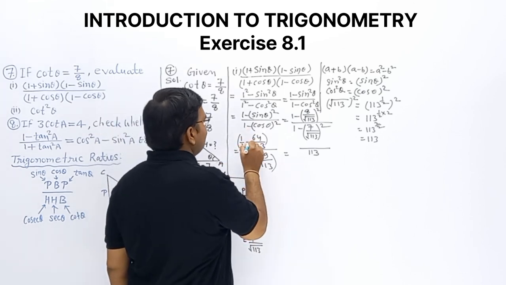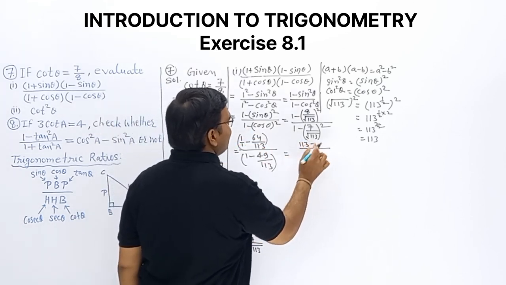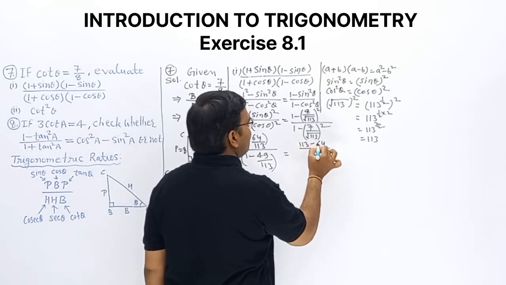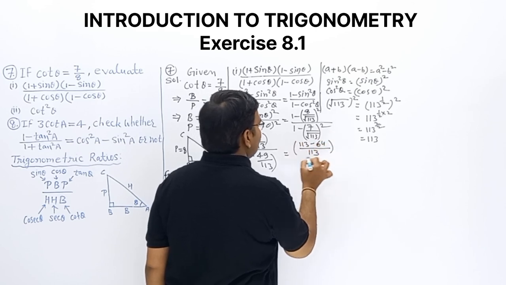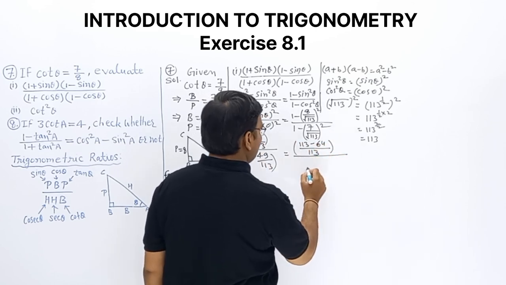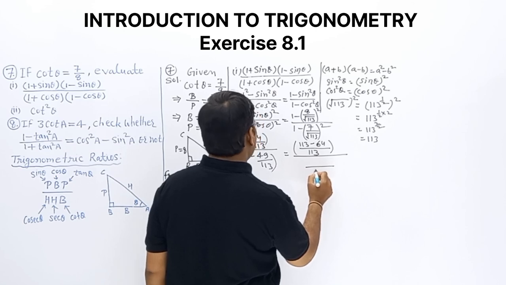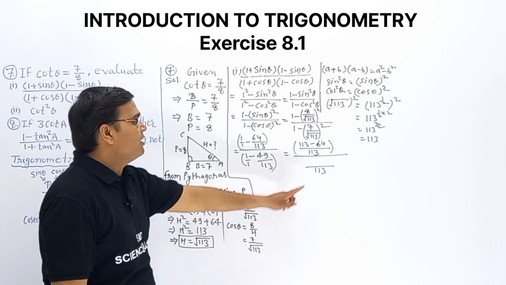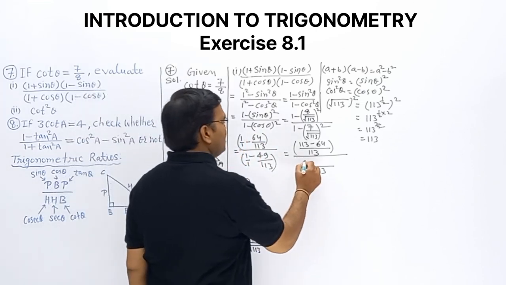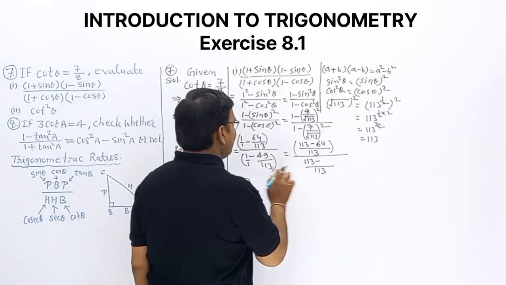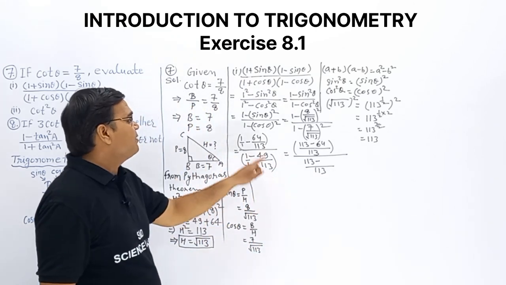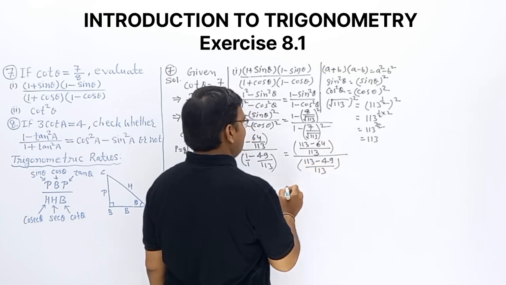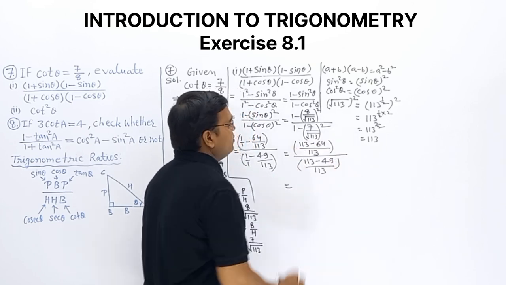So it will be 113 minus 64. Similarly in the denominator, the LCM is 113, divided by 1 it goes 113 times, multiplied by the numerator, so 113 minus 49. Clear?